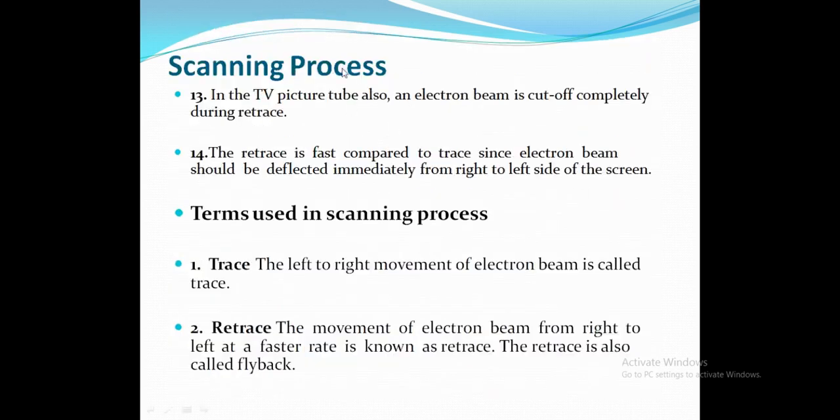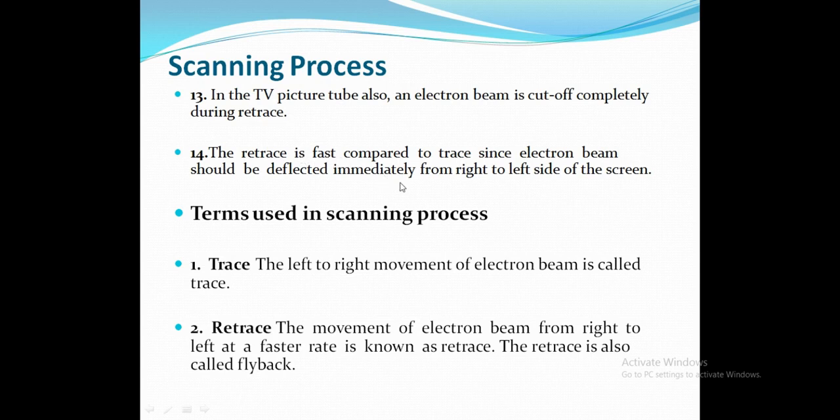Next, in the TV picture tube also, the electron beam is cut off completely during the retrace period. Even at the transmitter and receiver, in a retracing period there is no signal present.